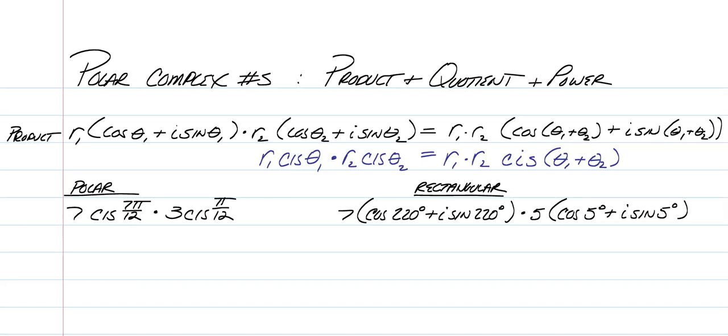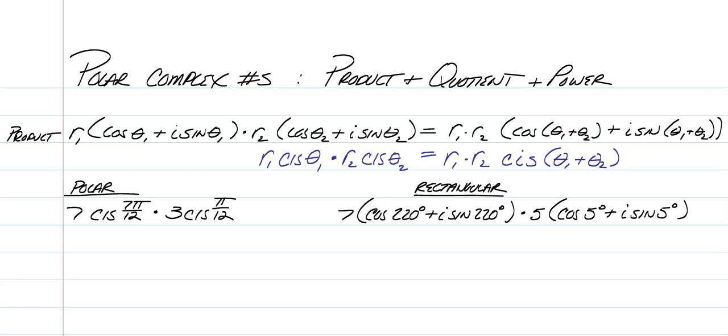So this is just big, long, fancy writing for one angle times another angle when we are working with polar complex numbers. Again, remember, if we are in polar, we have a shortcut form, writing CIS instead of cosine theta plus i sine theta. Don't forget about that.